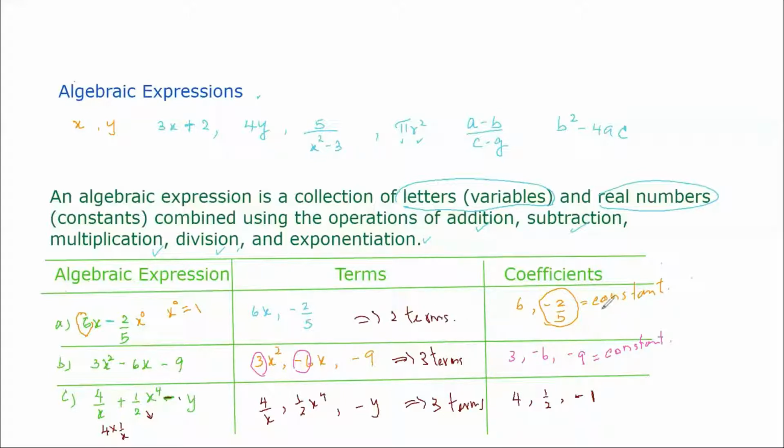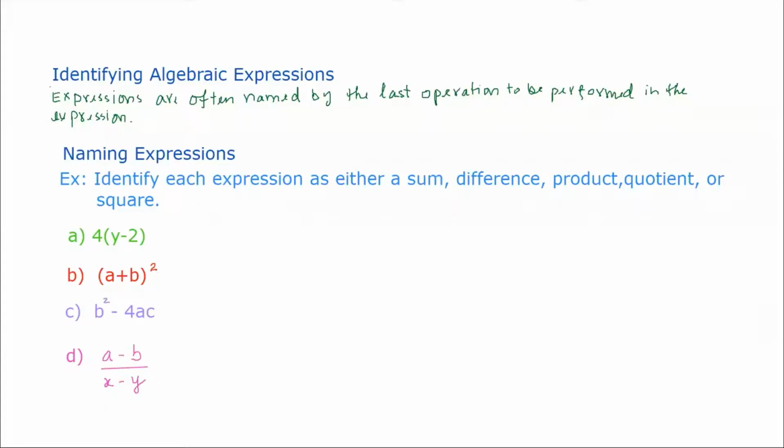Okay, does everyone get it now, how to identify the terms and the coefficients of algebraic expressions? Okay, now we go to more examples. The next one is identifying algebraic expressions.